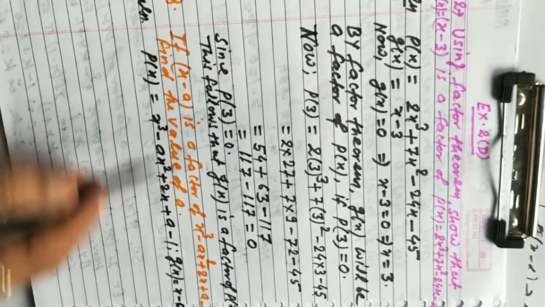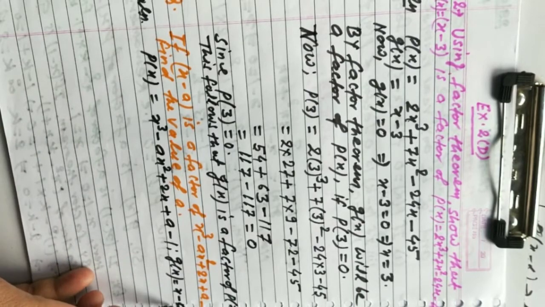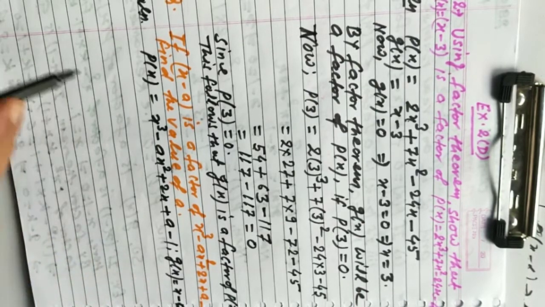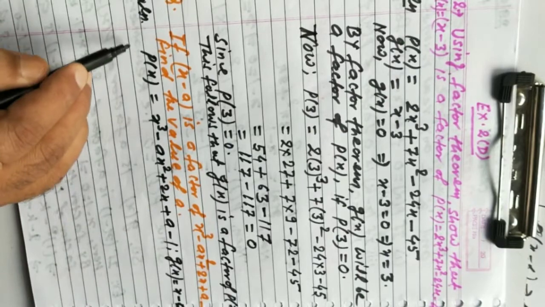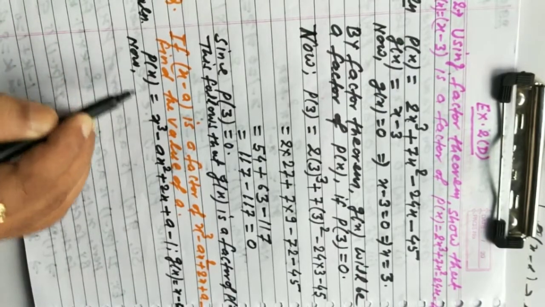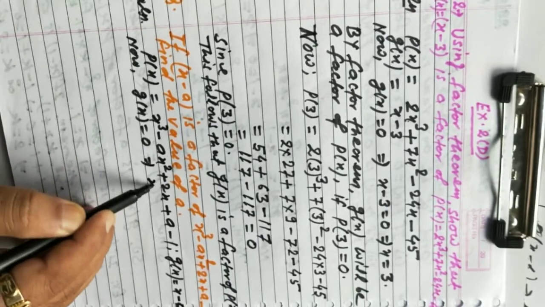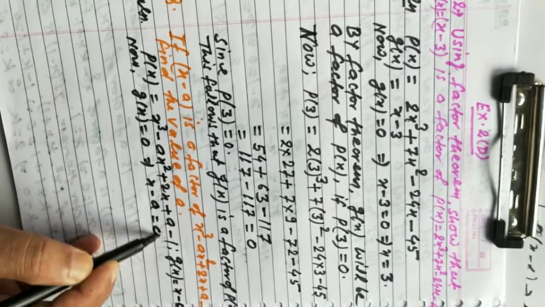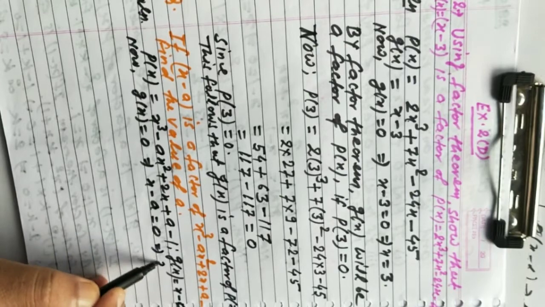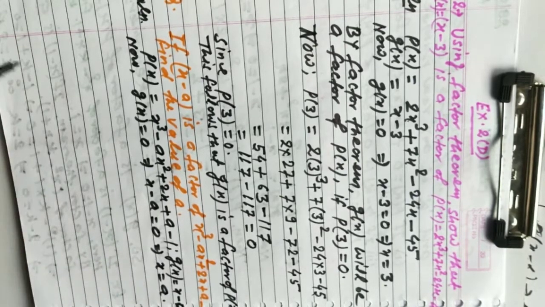So first find the value of x from your divisor polynomial, that is from g(x). Now g(x) will be equal to 0. This implies that x minus a is equal to 0. This implies that x is equal to a.